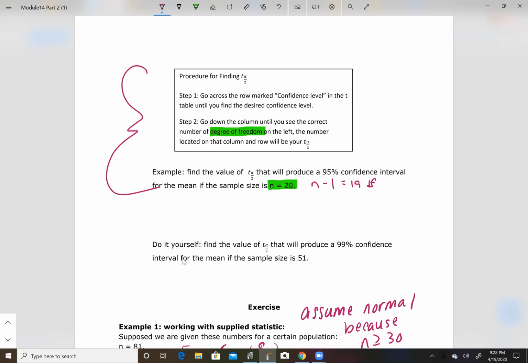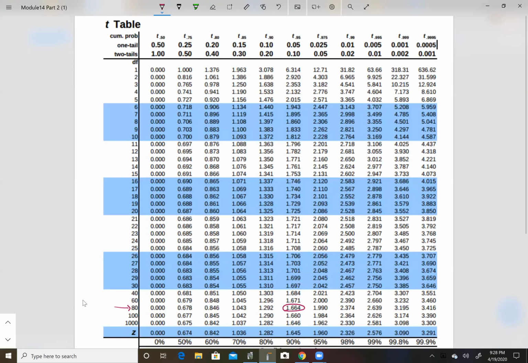So we're looking for 95% confidence. Our degree of freedom is 19. So let's go to our table.